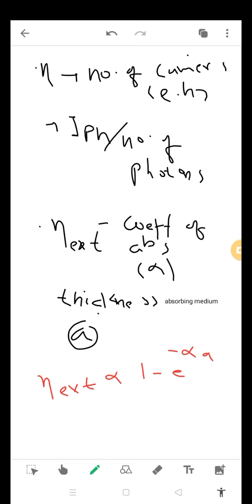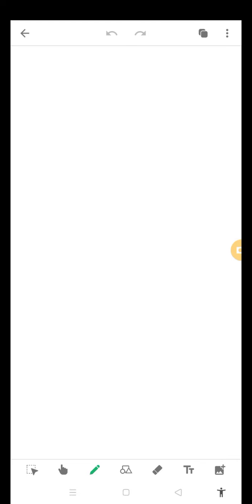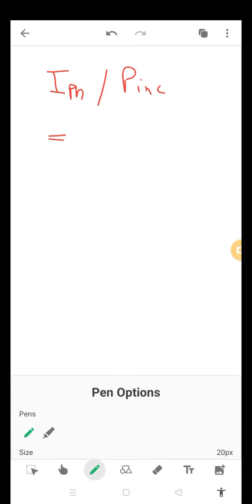Now if we again take this ratio, that is IPH, the photocurrent, divided by the incident power, then we come up with another quantity. It's called responsivity.